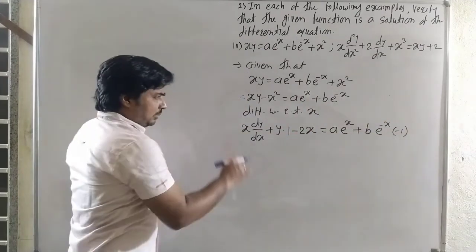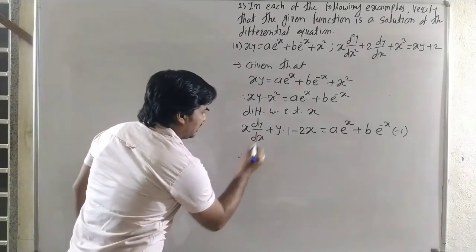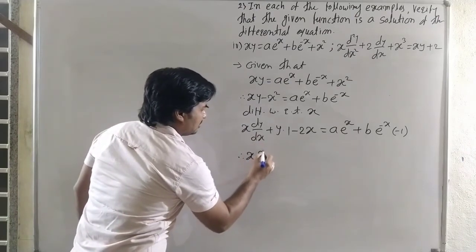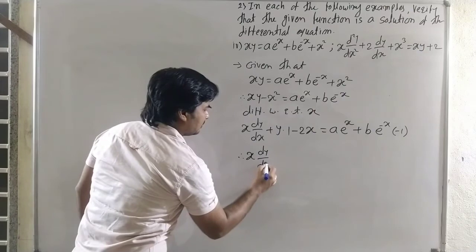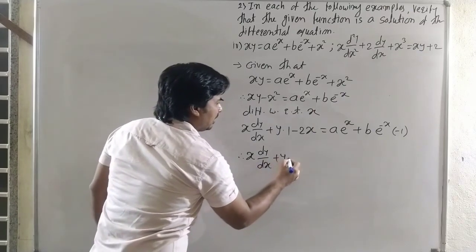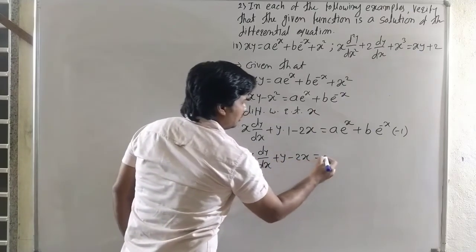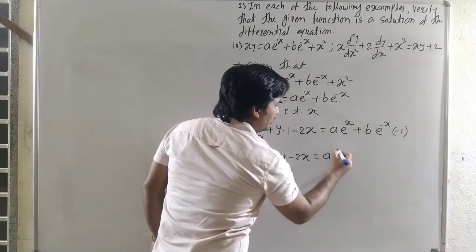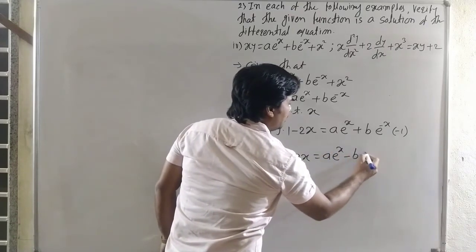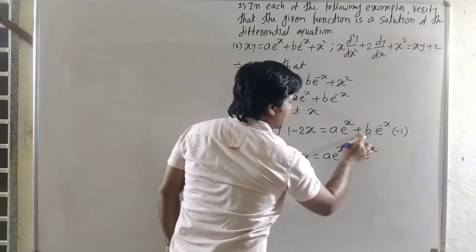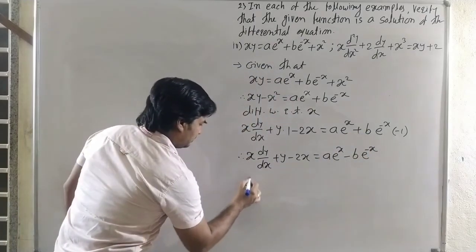Now again differentiate, or before differentiating we write this: x dy by dx plus y minus 2x is equal to a into e to the power x minus b into e to the power minus x, this minus. Now again differentiate.